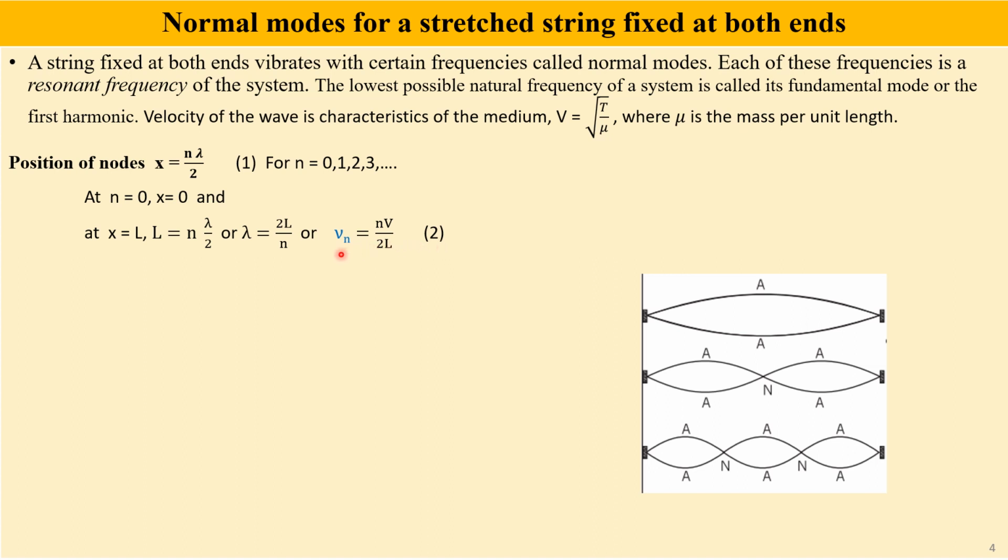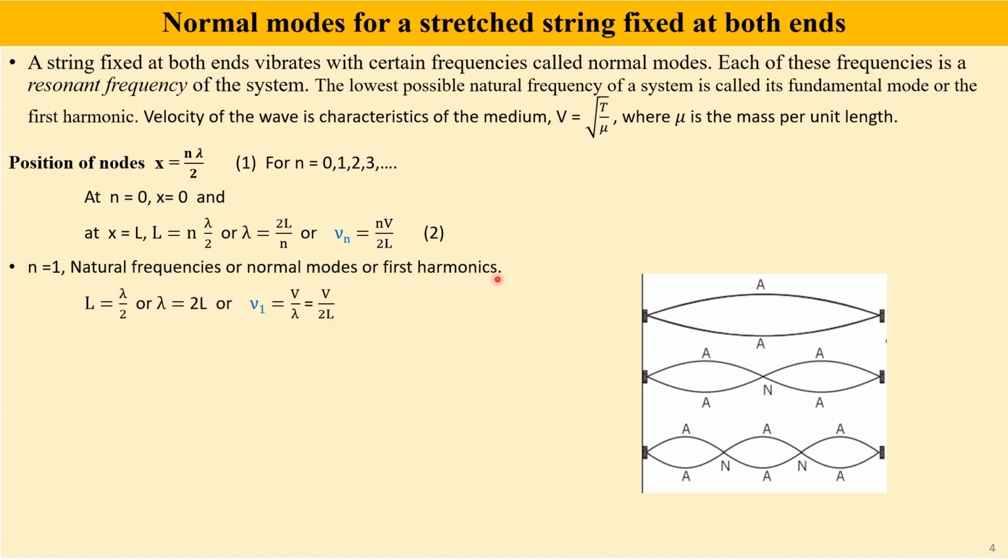Now we will put different values of n to find out the first harmonic, second harmonic and third harmonic, which is required in this section. So let us put n is equal to 1. For n is equal to 1, the frequencies are natural frequencies or normal modes or the first harmonic.